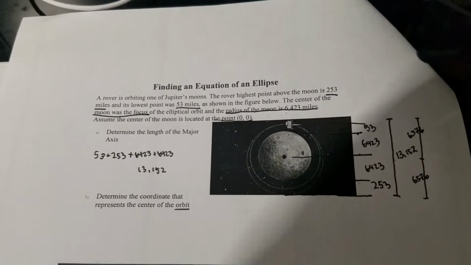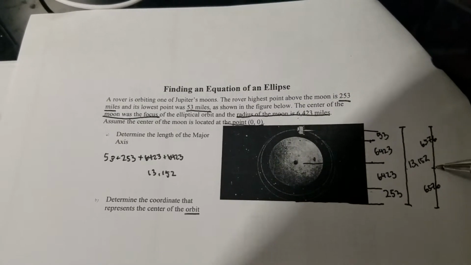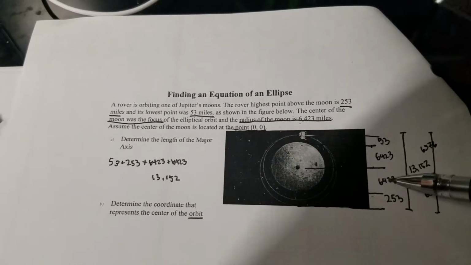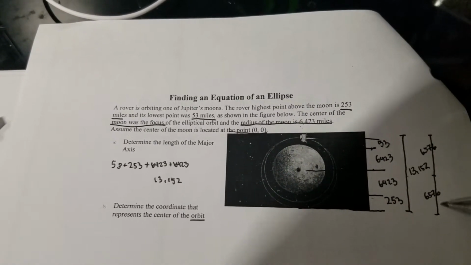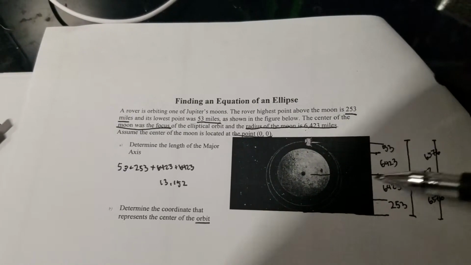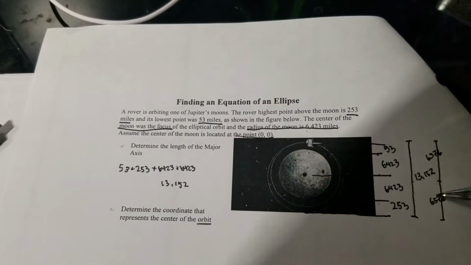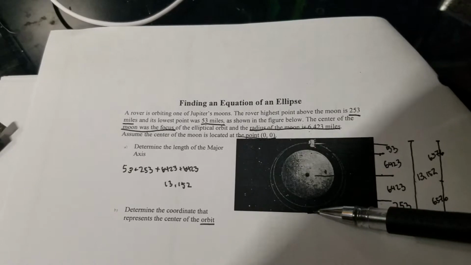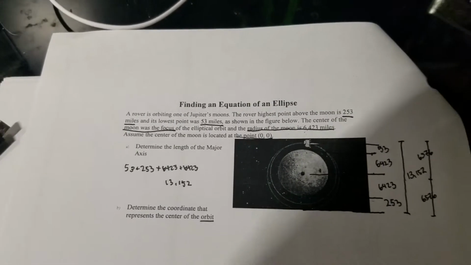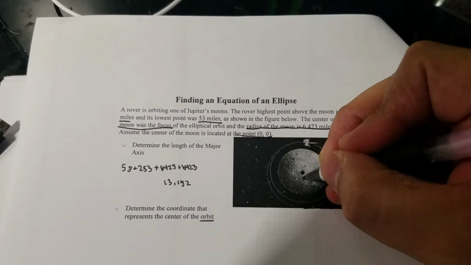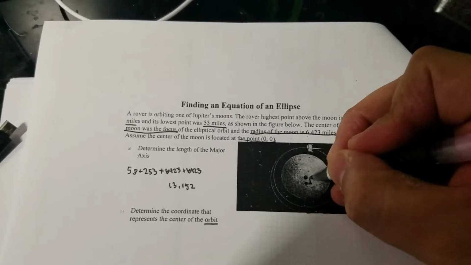Okay, so guys, I know that from here to there is 6576, and the center of the moon is here, 6423. First off, I'm a little bit lower down here because it's bigger down here, so the center of this orbit is more down here. What I want to find is this distance right here.